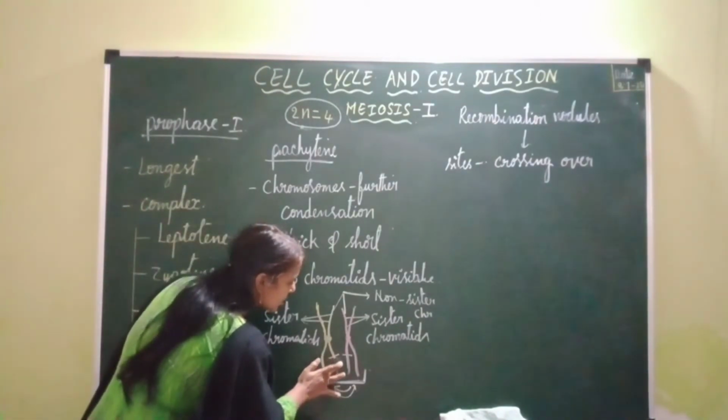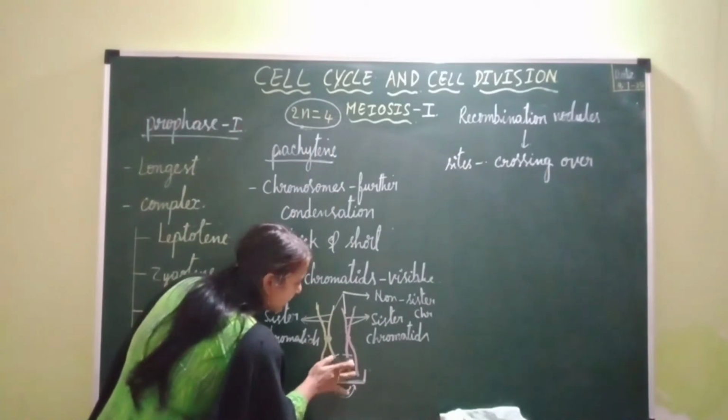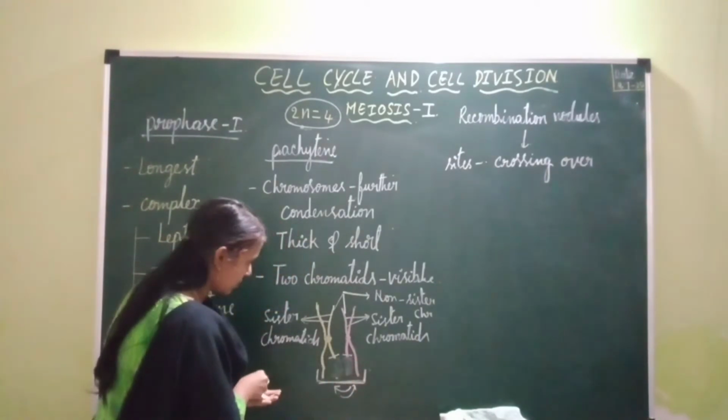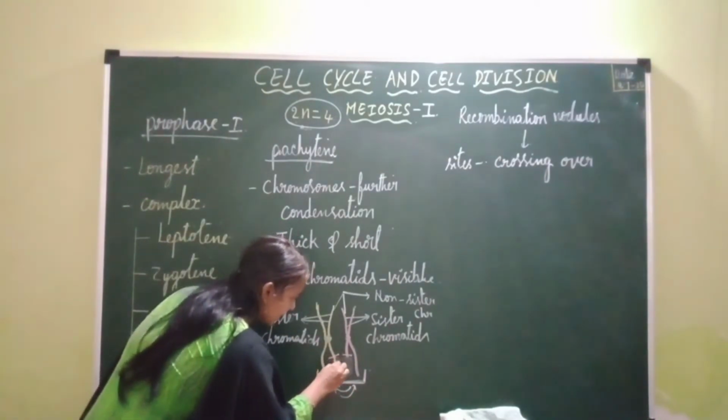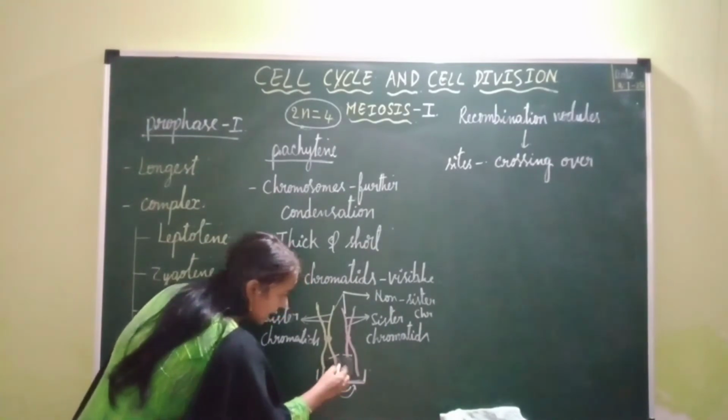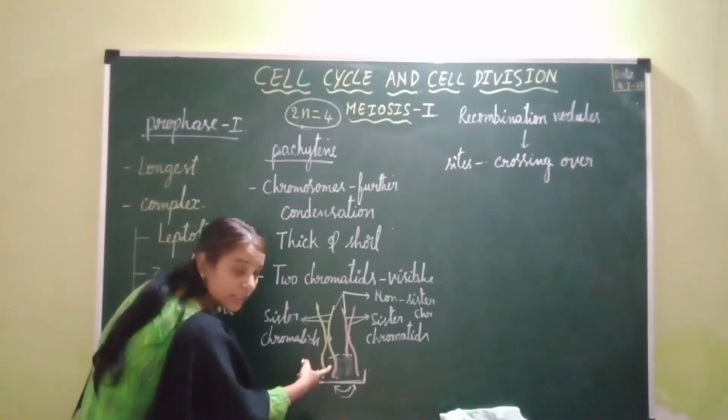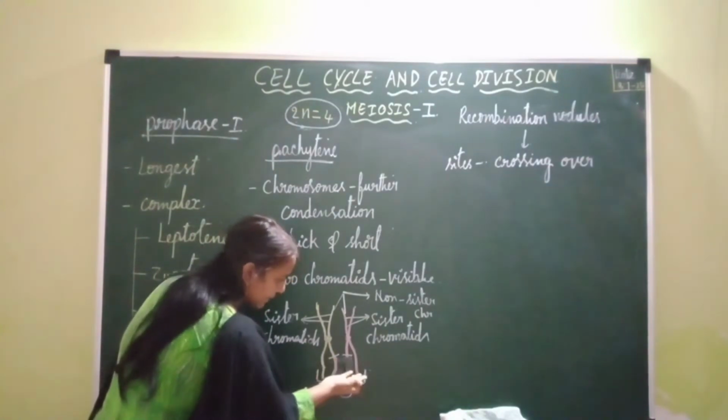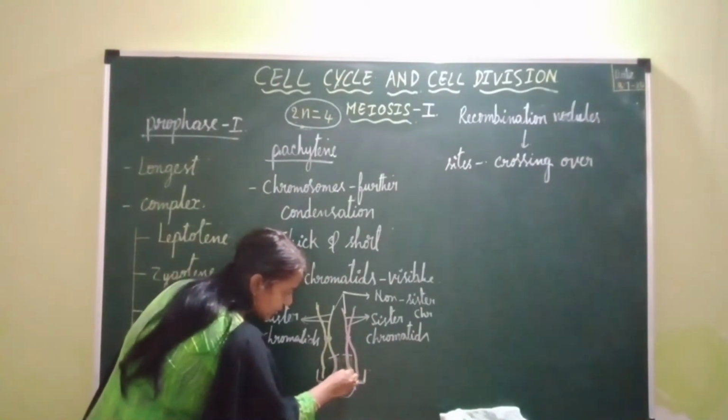After crossing over, after exchange of genetic material, they appear like this. Its segment is shifted onto this chromatid and its segment is shifted onto this chromatid.